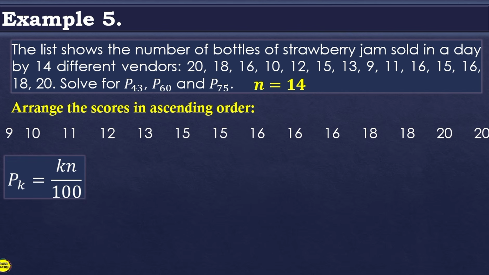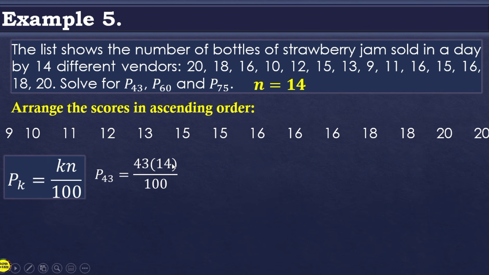So, using the formula K times N over 100, kukumputin natin ngayon yung 43rd percentile, 60th percentile, and yung 75th percentile. So, unahin natin yung pang 43%. Okay? So, papalitan lang natin yung K ng 43 times yung N natin, which is 14.